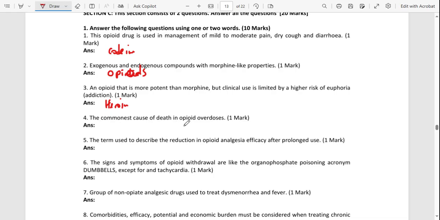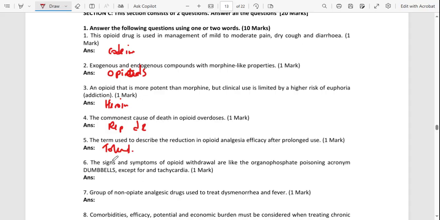The commonest cause of death in opioid overdose is respiratory depression. Term used to describe reduction in opioid analgesic efficacy after prolonged use. So after prolonged use, it becomes less efficacious. That is tolerance, isn't it? Okay.